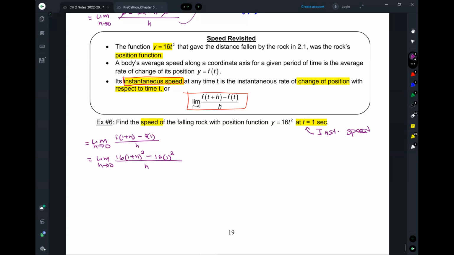What's the variable for speed? It could be v. It's usually v, like for velocity, right? So this is the limit as h approaches 0 of 16 times (1 plus 2h plus h squared) minus 16, over h.